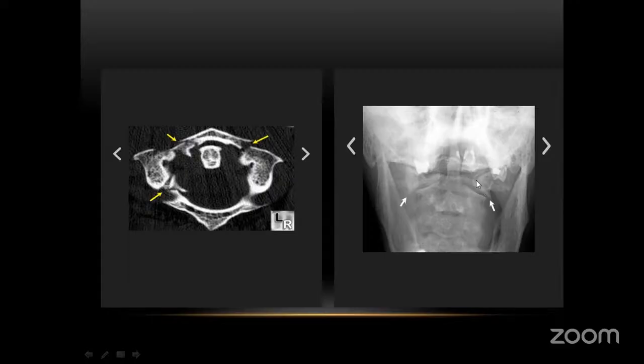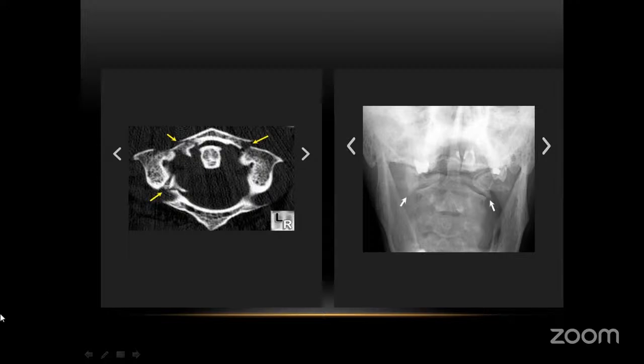Okay, this is the open mouth odontoid view. You can see the open mouth. This is the coronal section. This above is the hard palate, and this is the craniovertebral junction. This is C3 and this is C4.